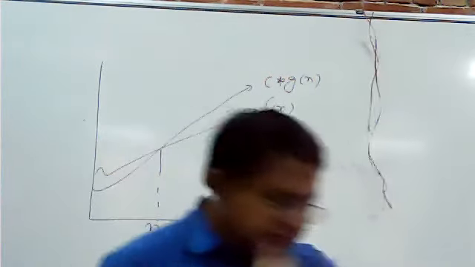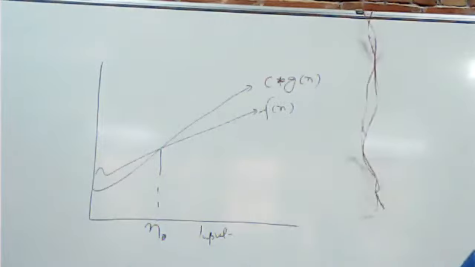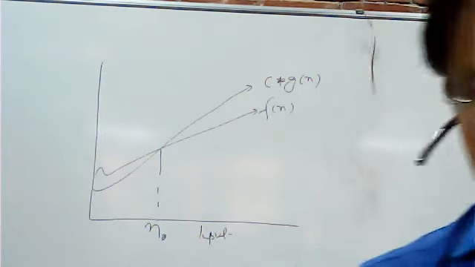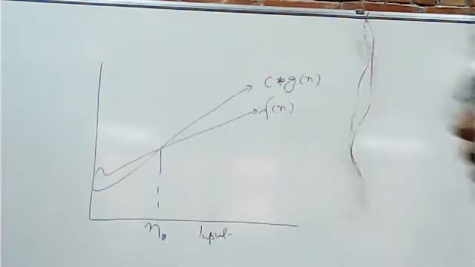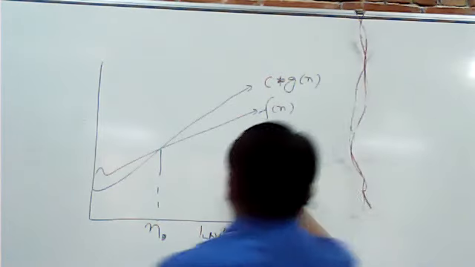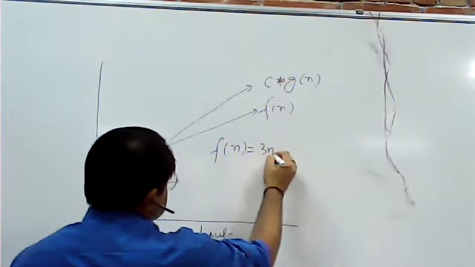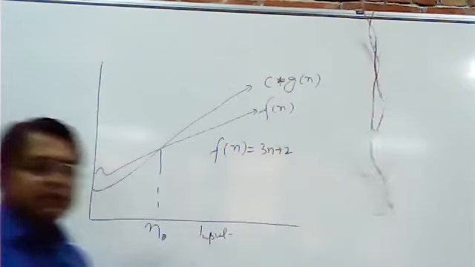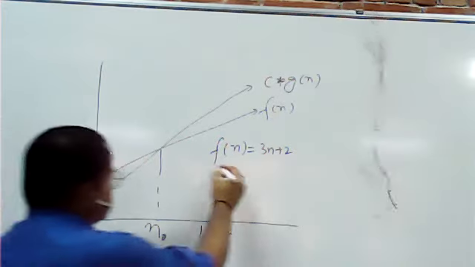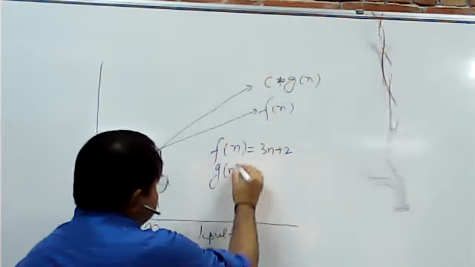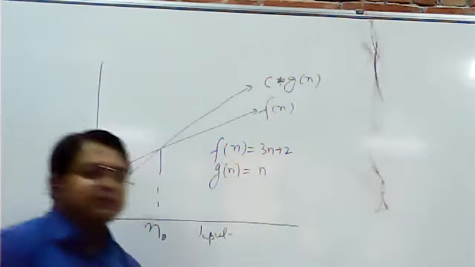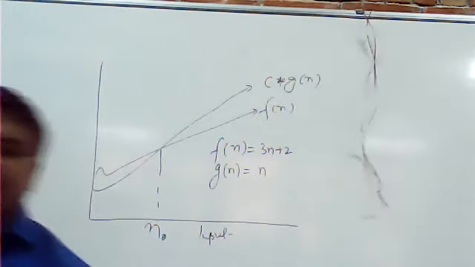It means that after a particular input size, suppose we have an algorithm and we calculated the total number of steps, suppose Fn is equal to 3n plus 2, for example, and suppose Gn is equal to n. So what does the complete definition mean?